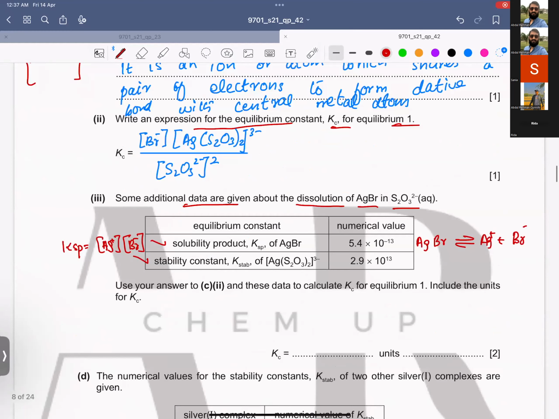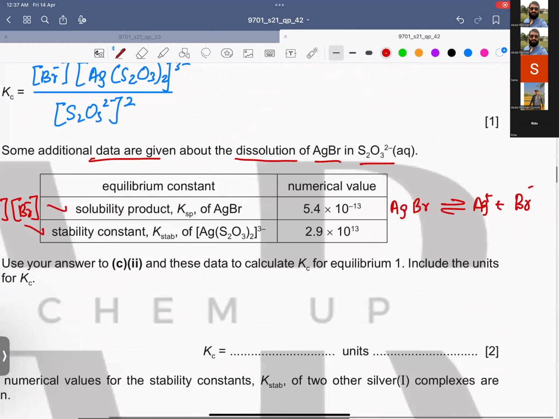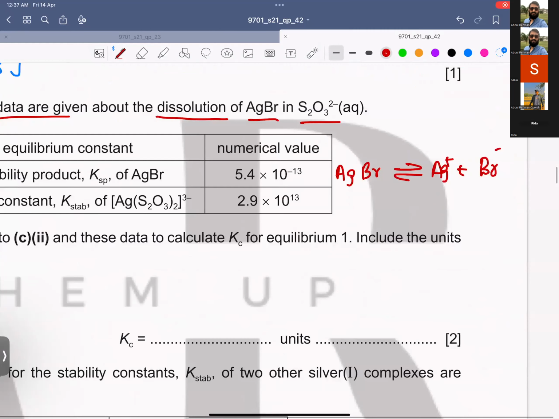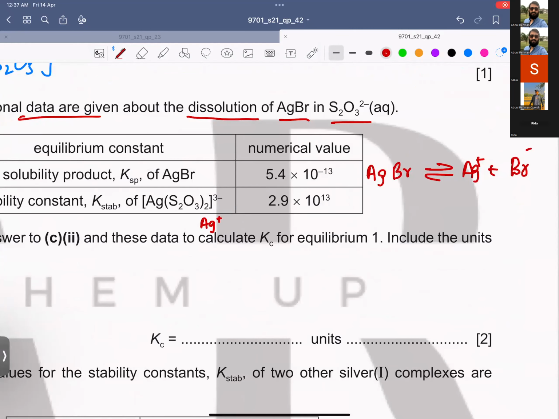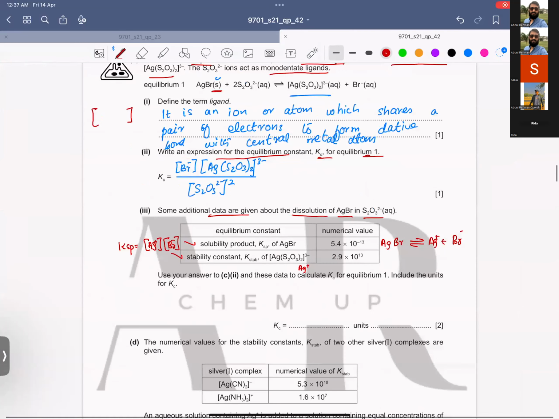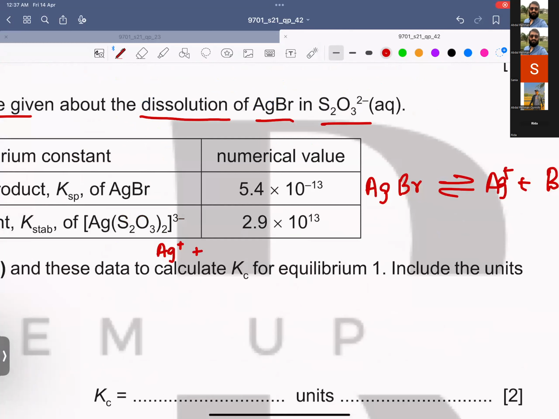Now stability constant. First we go for the equation for the stability constant. We have Ag positive aqueous ions and 2 moles of thiosulfate ions forming the complex.